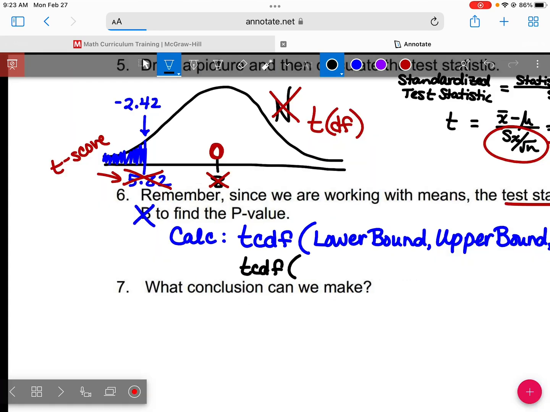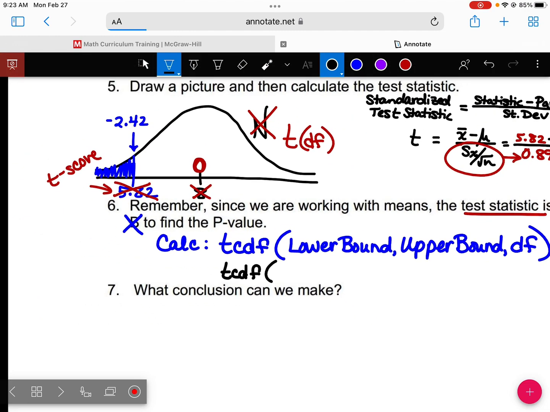Looking at this picture, which way did we shade it? To the left. Why did we shade to the left again? Less than. Our alternative hypothesis was that mu was less than 8. So we're going with our sample mean and smaller. So my lower bound has to be smaller than negative 2.42.